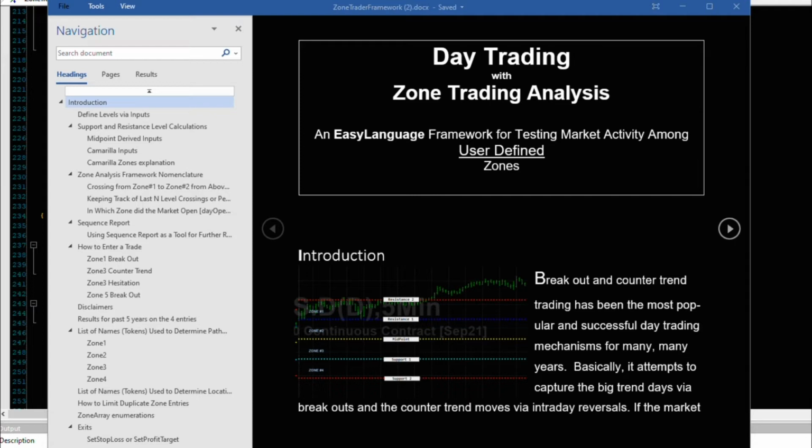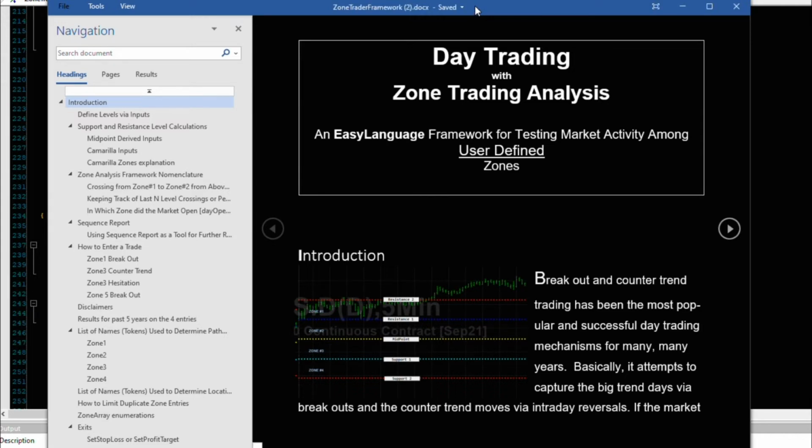So it ballooned into a 32-page manual. I hope it's not so long that it bores you, but there's really some good information in the manual, and the manual is definitely a necessity to be able to do what you want to do with this framework.